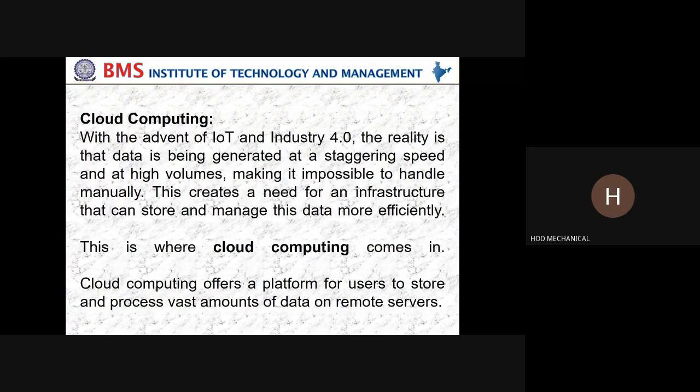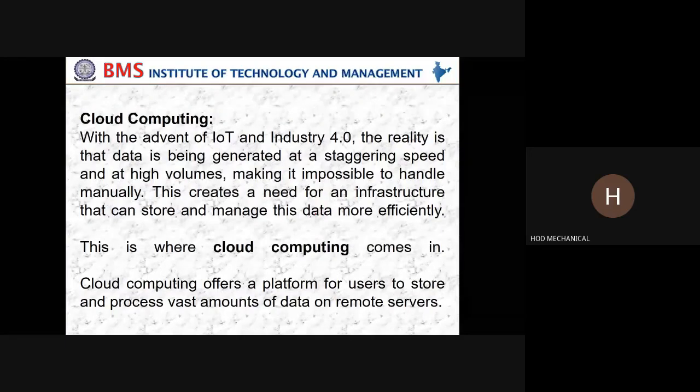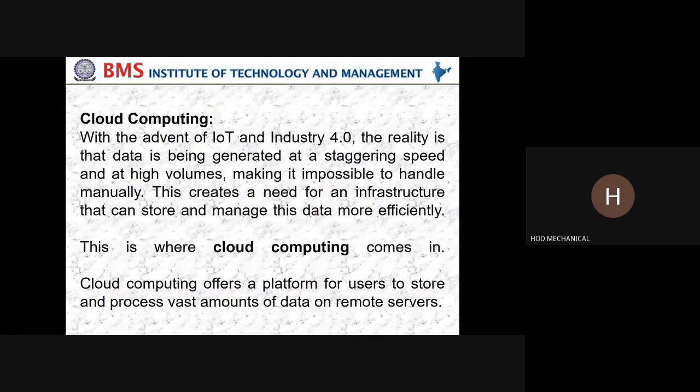In order to reduce the problem of having the infrastructure to store and manage the data more effectively, there is one more thing which has come into the picture, called cloud computing. What cloud computing says is: you put the information in the cloud. The cloud computing offers a platform for users to store and process vast amounts of data on remote servers.